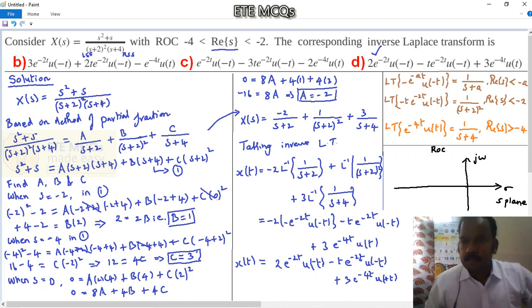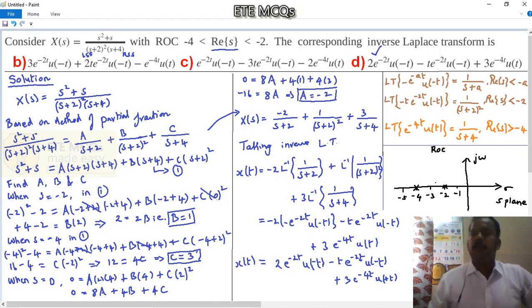This is the origin 0, and the poles lie at minus 2 and minus 4. Let us take it as minus 1, minus 2, minus 3, minus 4, minus 5. The poles lie at minus 2 and minus 4. A pole is represented by an x.